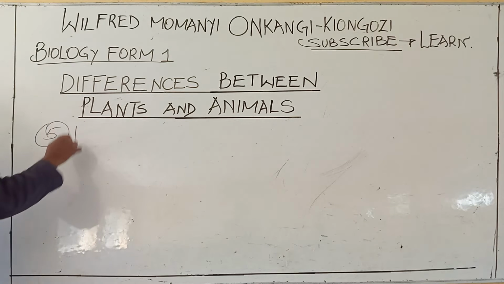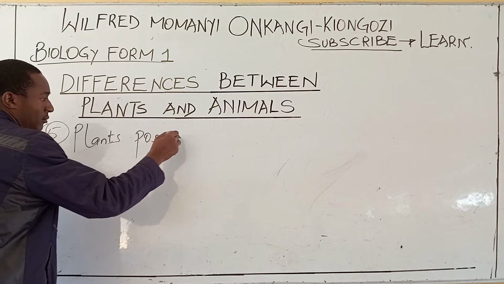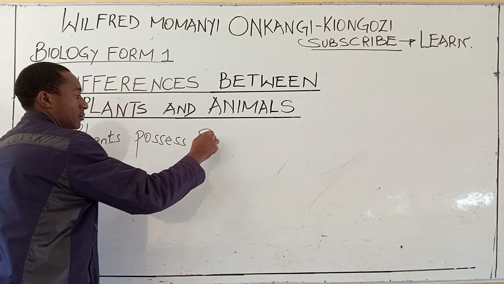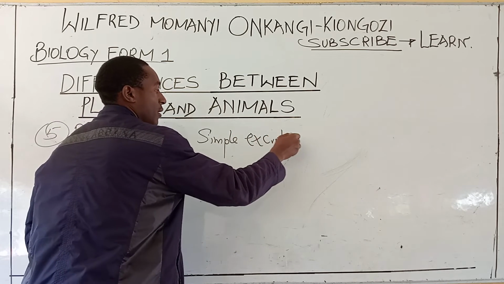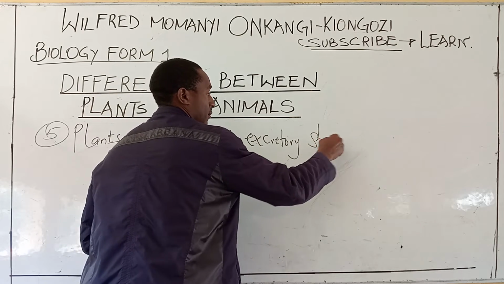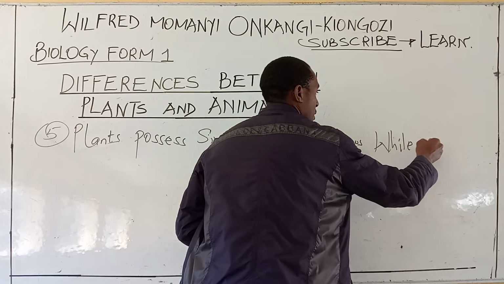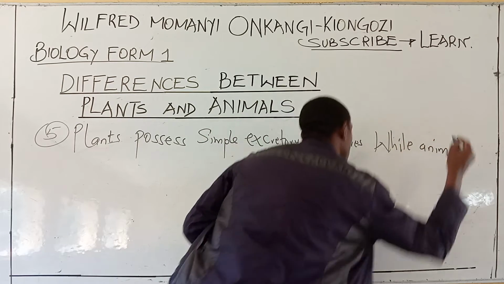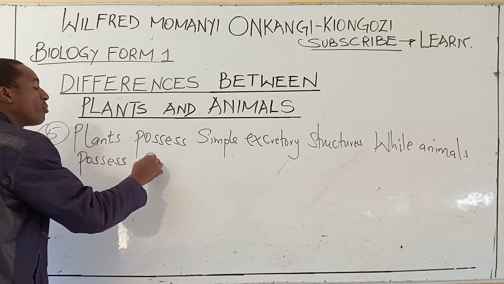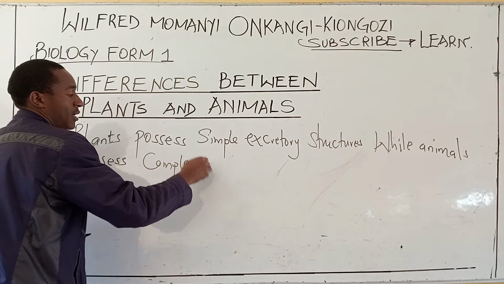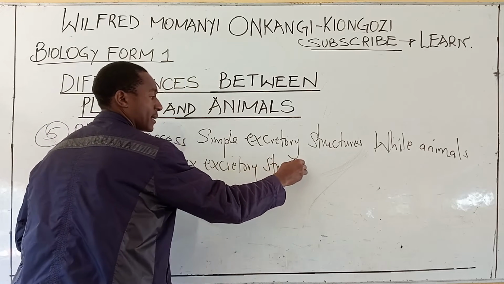Plants possess simple excretory structures, while animals possess complex excretory structures and organs.